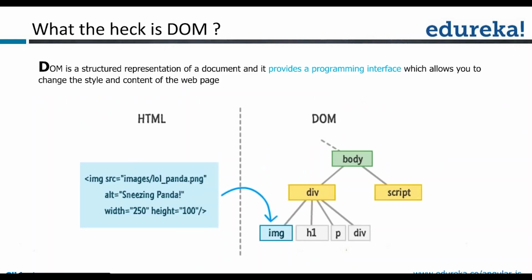So the DOM is a structural representation of a document, and it provides a programming interface which allows you to change the style and content of a page. All these tags defined by HTML will be understood by the browser. It parses the web page and creates a DOM at runtime, and the browser understands and renders it on the screen, right? Every browser comes with its own parsing engine, called the DOM engine.